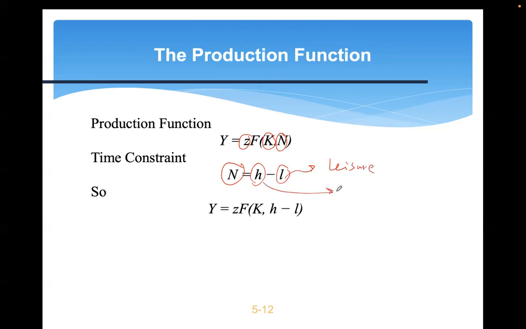What is H? That's the total non-sleeping hours. On average for every person, this is going to be 16 hours per day. Hence, we can write the output as a function of leisure.